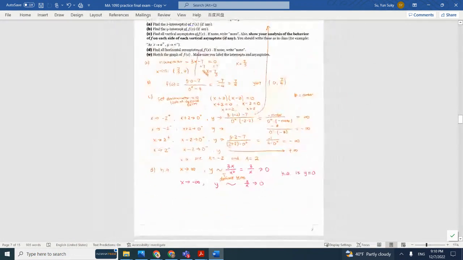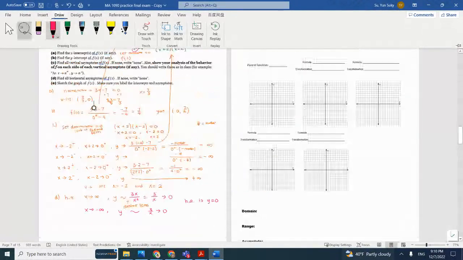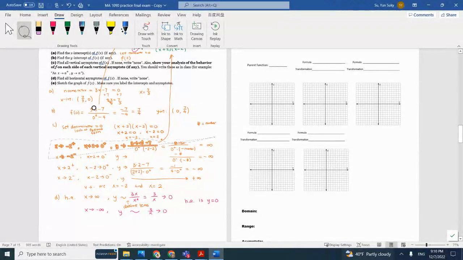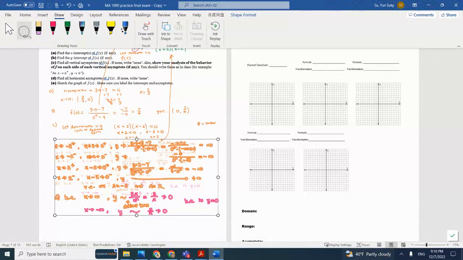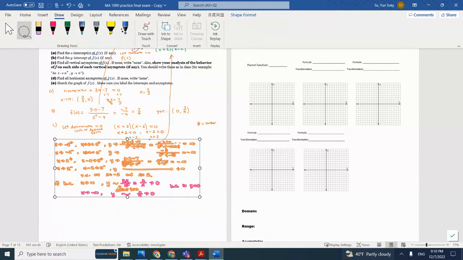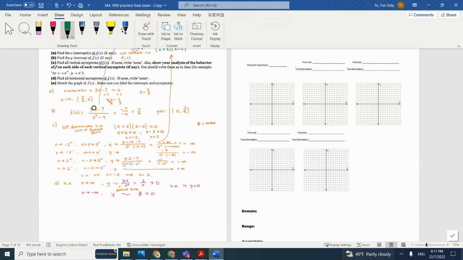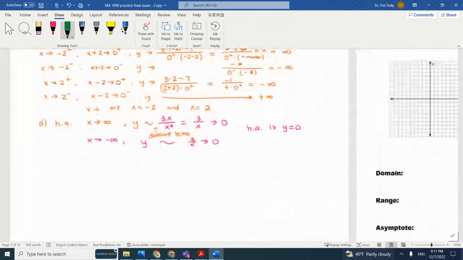Okay, with all this information, we can then draw the picture. I don't have enough space, so let me shrink these. All right, we're ready to draw it.